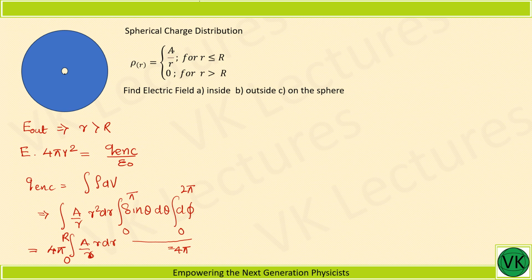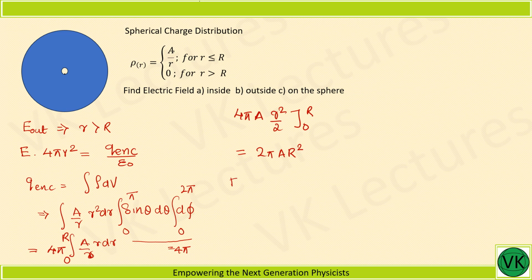So 4 pi into A, A is also constant, r dr is r square by 2, and the limit is from 0 to capital R. So 2 into 4 gets cancelled, so that is 2 pi A capital R square, that is Q enclosed.